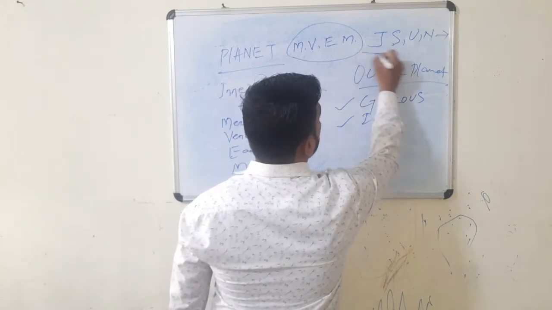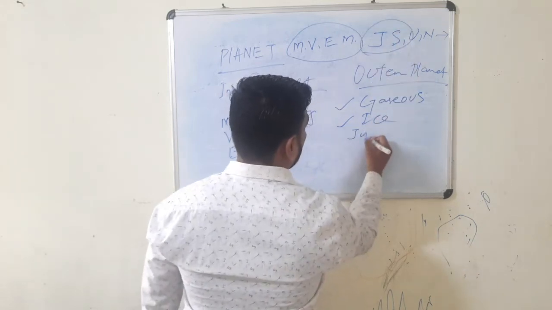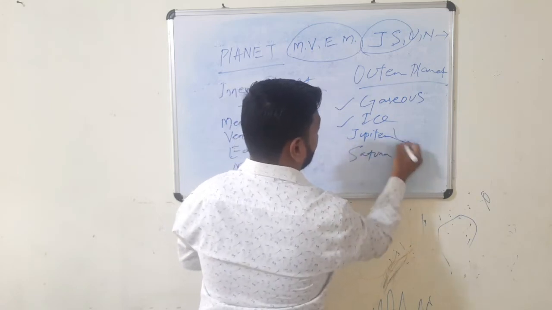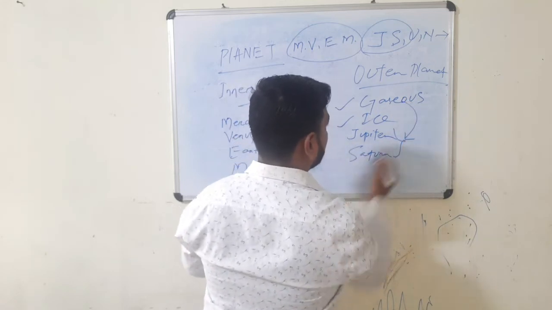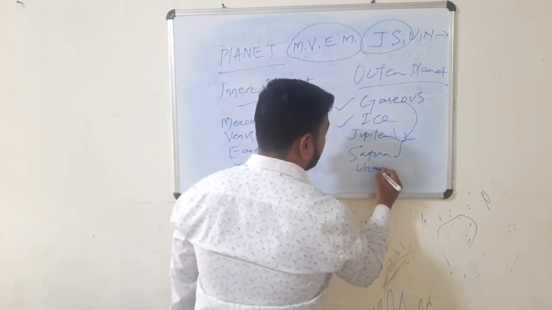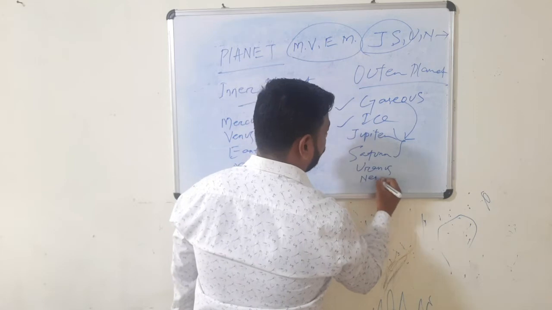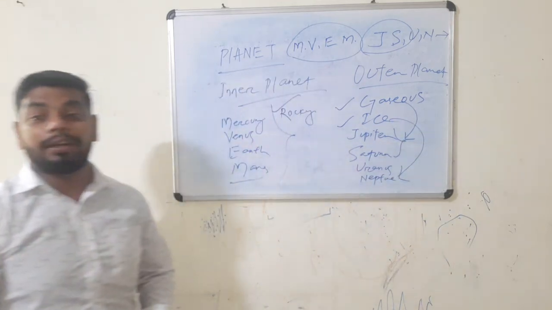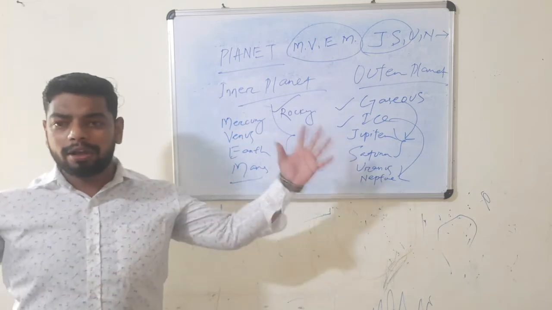Jupiter and Saturn are called gaseous planets, and Uranus and Neptune are called icy giants. Giants means very big.